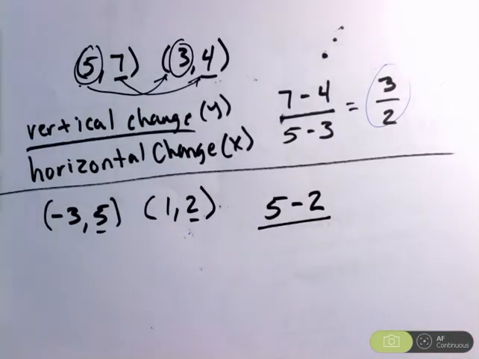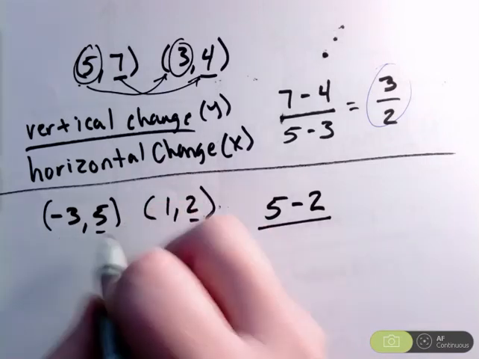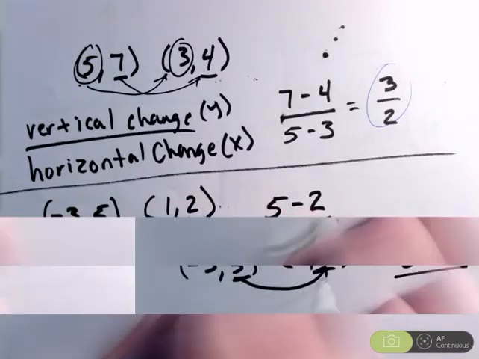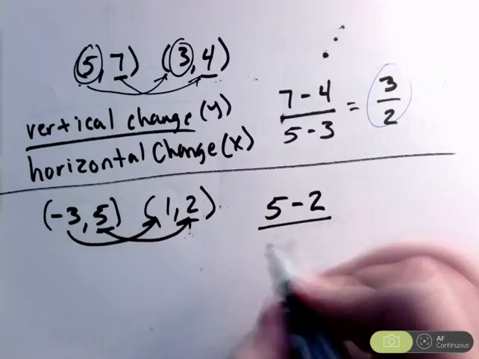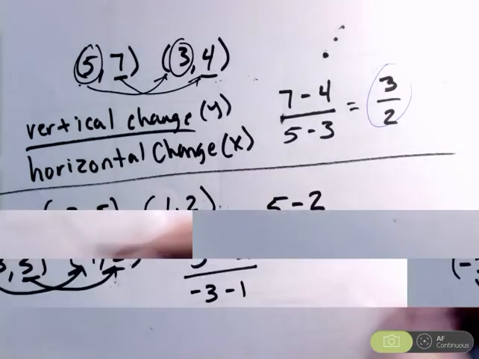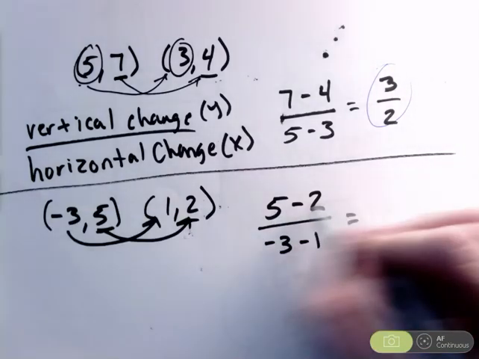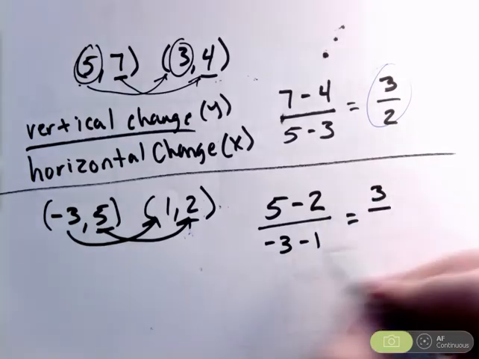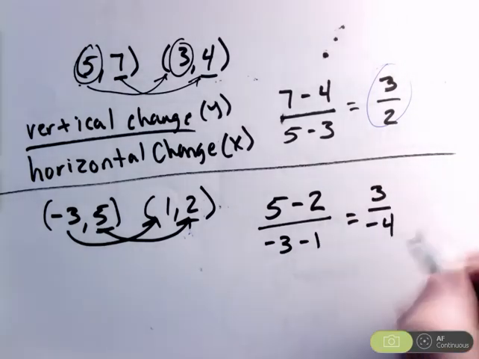Okay? On the bottom, I'm going to have x take away x. So remember, since I went this direction, I have to continue to go this direction. So negative 3 minus 1. This is going to give me 5 minus 2, 3. Negative 3 minus 1, negative 4. So the slope between these 2 points should be 3 over negative 4.